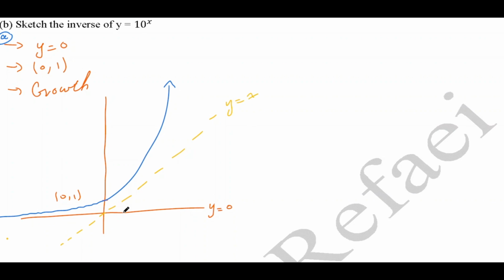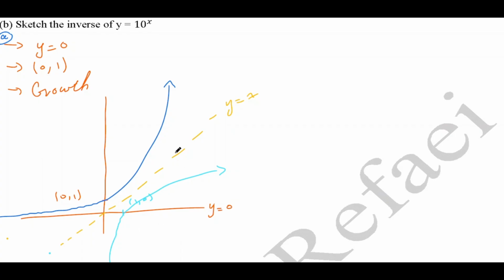Then I have to switch between input and output: (0, 1) becomes (1, 0). And I flip my graph around the mirror. This is the inverse function.